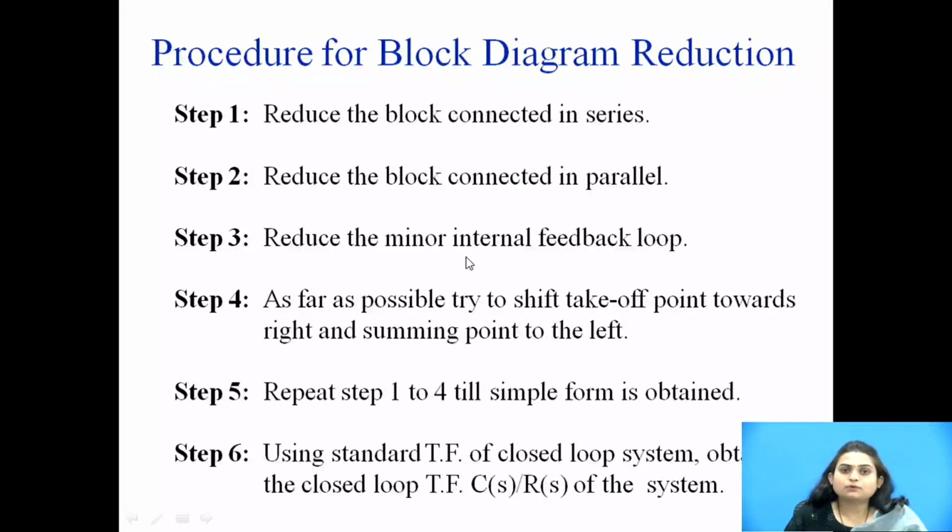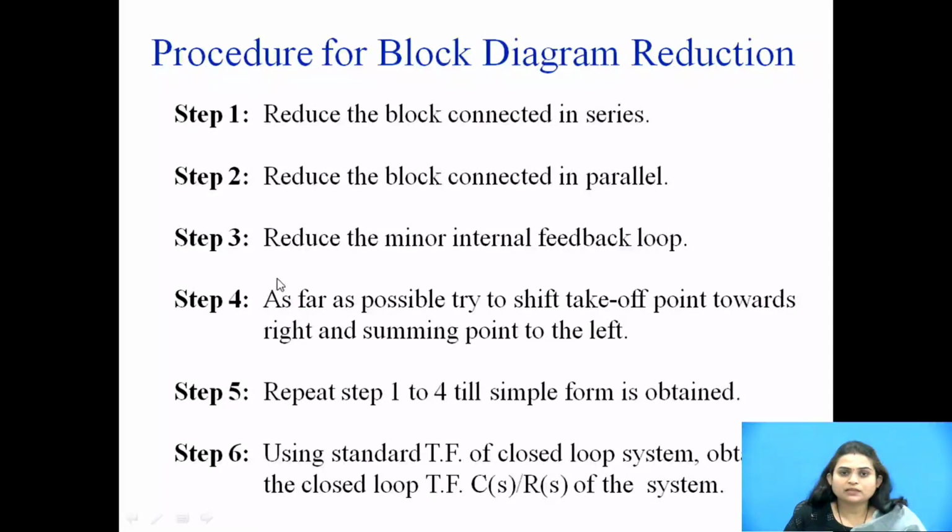Next is the procedure for block diagram reduction. There are different steps. Step number 1, reduce the blocks connected in series. Step 2, reduce the blocks which are connected in parallel.